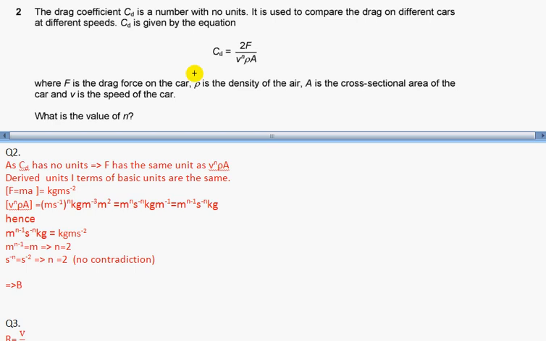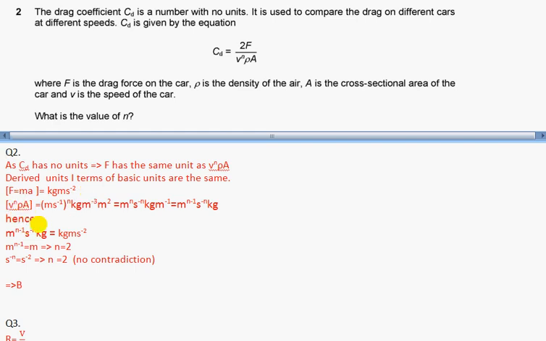So as CD has no unit, F has the same unit as this expression. So let's find the derived unit in terms of base units. So F equals MA, M kilogram, A meter per second squared.